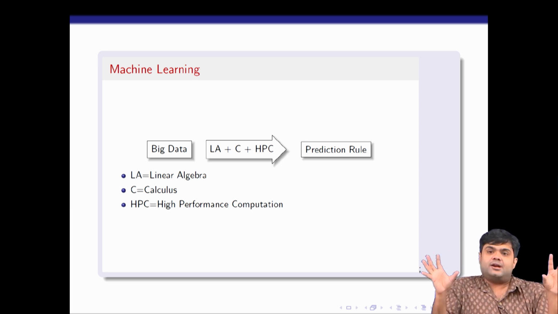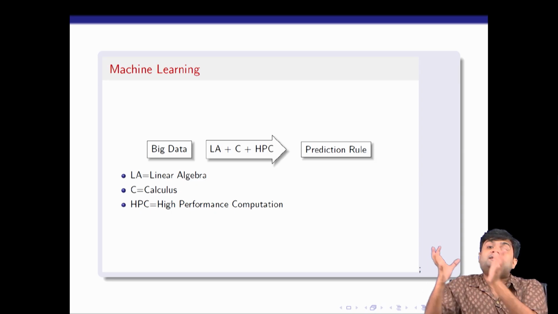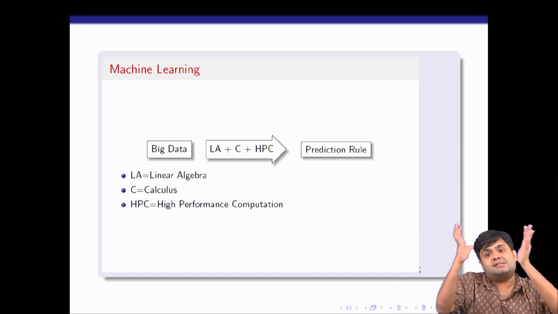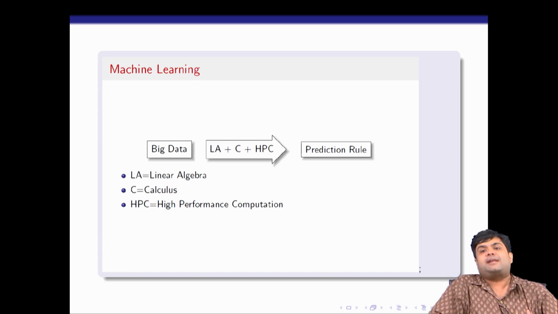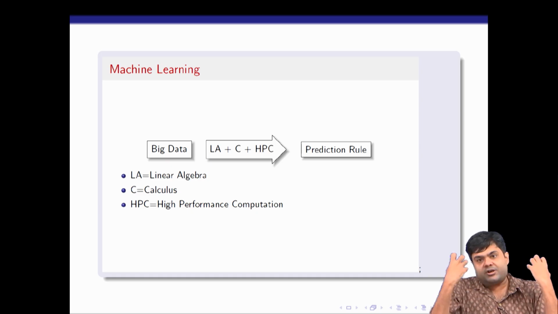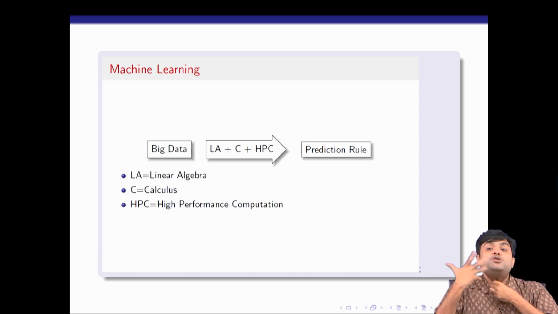So machine learning essentially is an expansion of statistics to incorporate these concerns. Theoretically classical methods are still fine, except that they are not tractable. You have to incorporate some extra computational methods for the size and volume of the data.